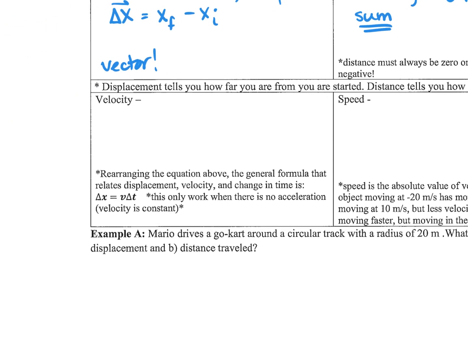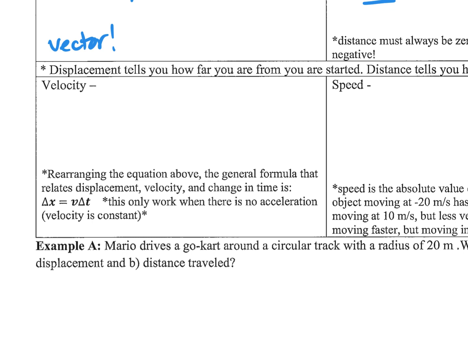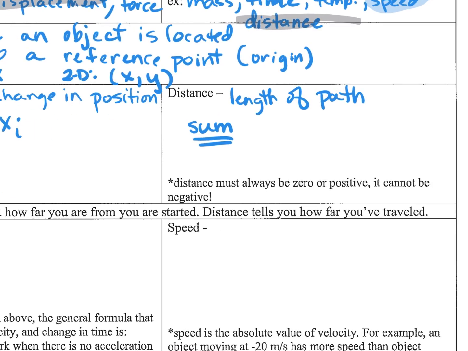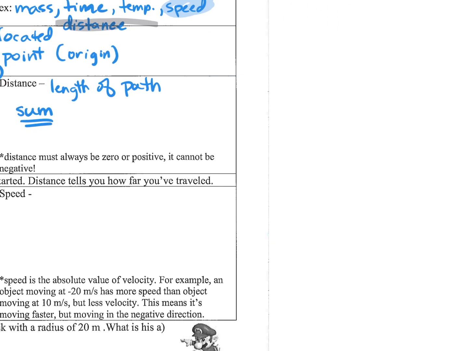Okay. So velocity. What do you suppose velocity is? Now, here's the difference, by the way. I'm just going to put this out here for you. If we say that this is x initial and this is x final, this right here is my displacement.